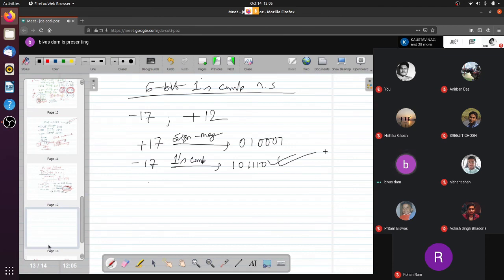What about plus 12? Once again, 0 0 1 1 0 0. I have to follow the same process: sign magnitude of plus 12 in a 6-bit system is 001100.